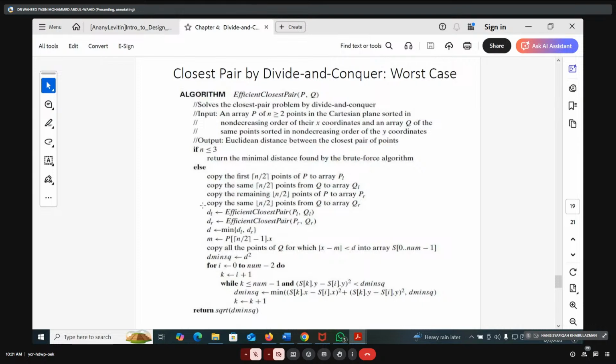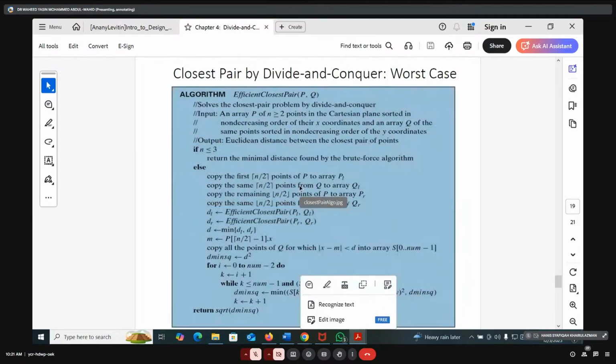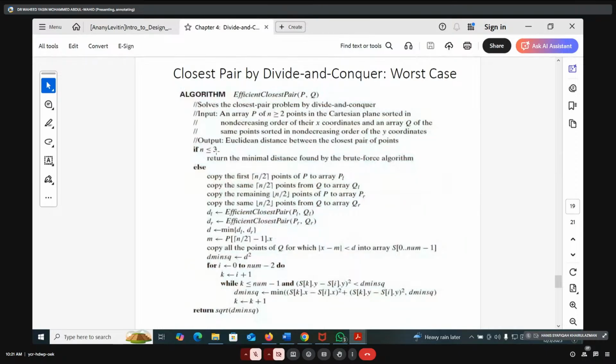So then I call the algorithm recursively. When the points are 3 or fewer, I will return d according to the brute force. And also I will call the right, efficient closest pair of P right, Q right.